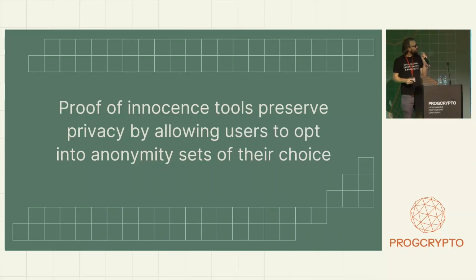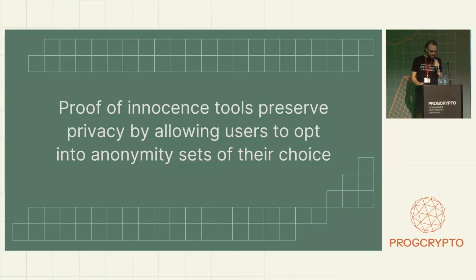Okay, so this is really important to understand for a second: proof of innocence tools preserve privacy by allowing users to opt into anonymity sets of their choice. You can also look at this as allowing users to opt out of anonymity sets that they don't want to be in.